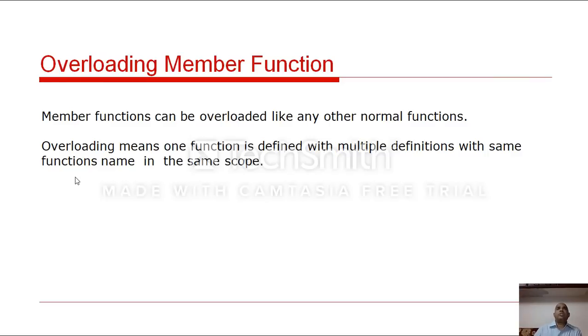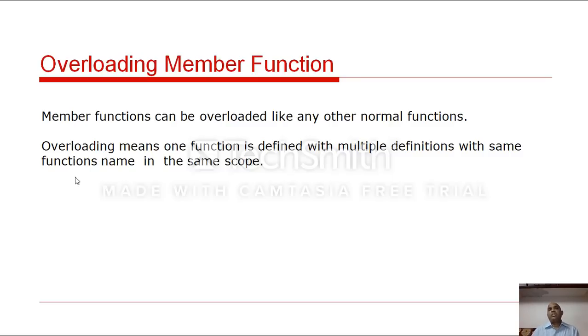Overloading means one function is defined with multiple definitions with the same function name in the same scope inside the class. Then we can define more functions with the same name, but return type and sending and receiving arguments may be changed. Clear?